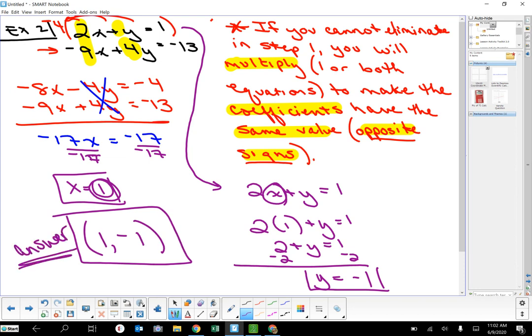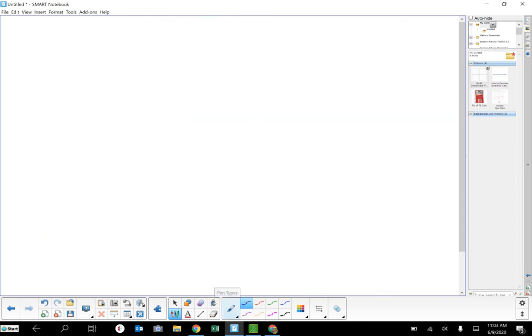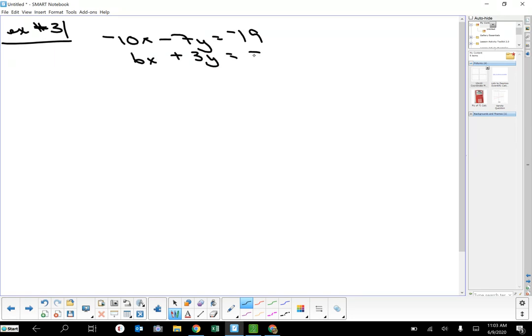Okay, so this was a problem where you had to multiply one of the equations by something in order to make those things equal. Let's take a look at another one. This is example number 3. So this starts out as negative 10x minus 7y equals negative 19, and 6x plus 3y equals 3.